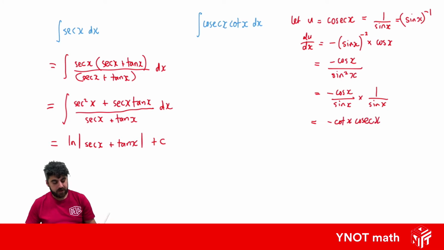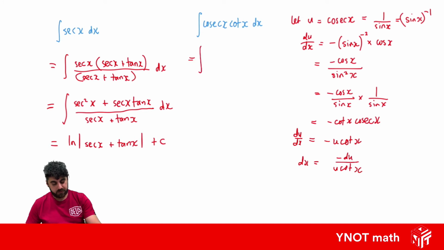And remember that we let u equal cosec x, so we can rewrite du dx as minus u cot x. We'll go ahead and make dx the subject, so we're just going to get dx equals minus du over u cot x, and we can go ahead and make our substitutions.